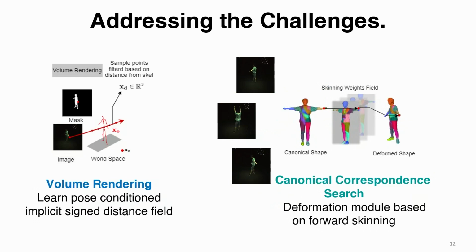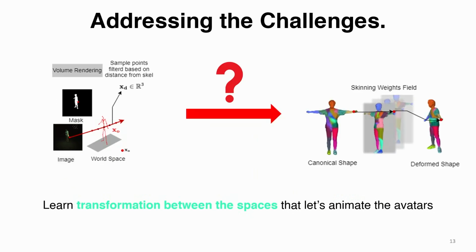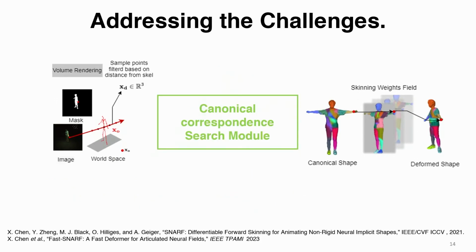To learn such transformations, we introduce a skinning weight field. We colorize the avatar here according to weights to show the motion influence from various bone joints. We also introduce the canonical correspondence search, which always preserves the one-to-one mapping across different frames.